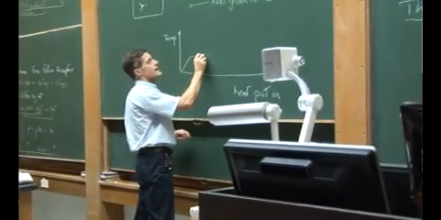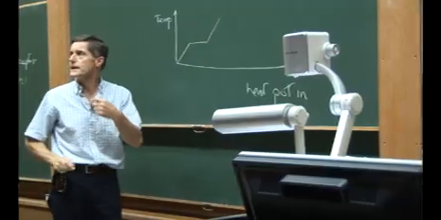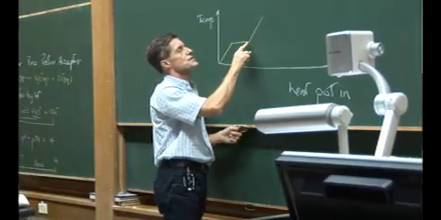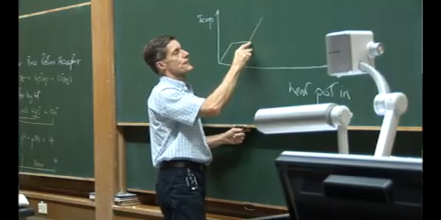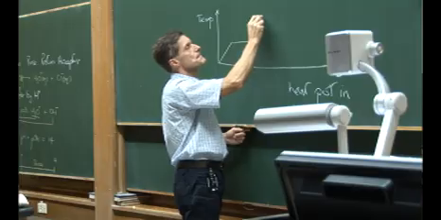If I then have melted all the ice and continue to put heat in, I raise the temperature of the water from the freezing point, melting point, up to a point where the water begins to boil.